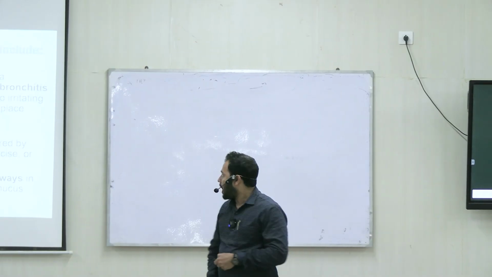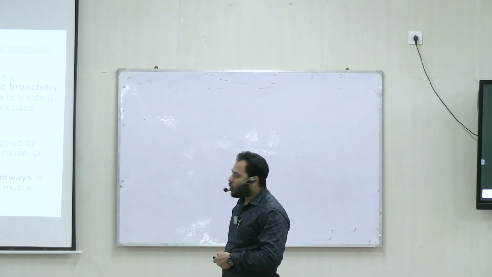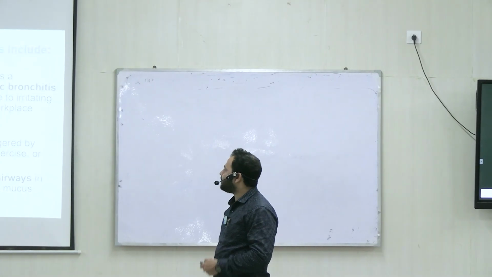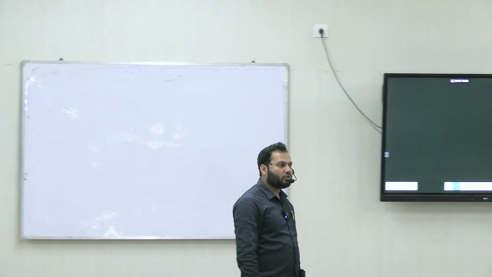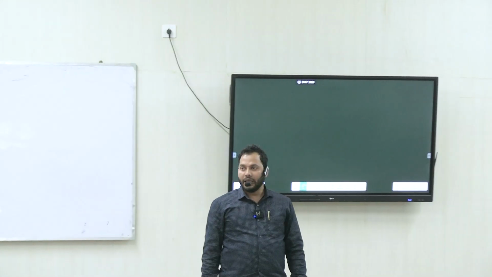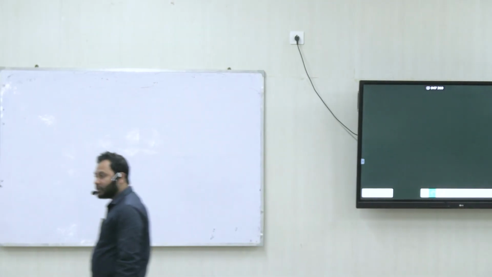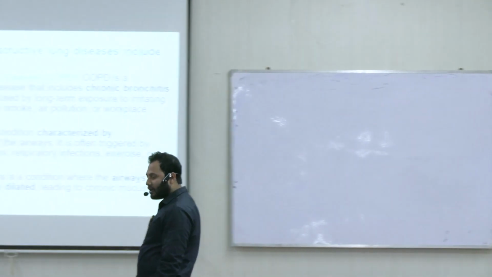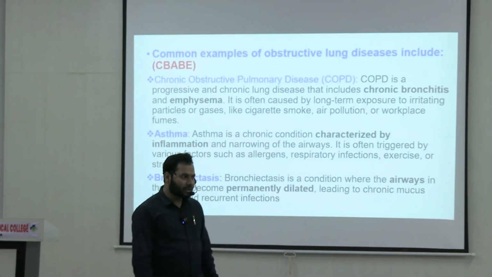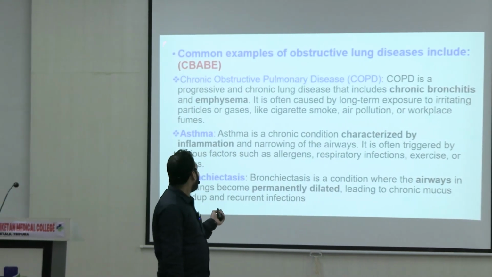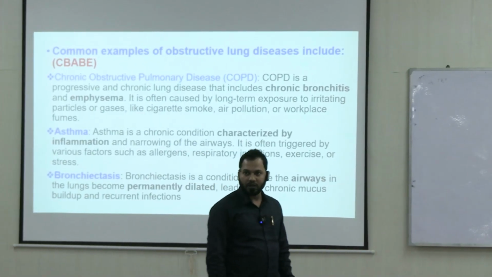right? Out of all these 5 disorders, chronic bronchitis and emphysema are part of chronic obstructive pulmonary disease. It means COPD is a common term that is used to explain obstructive lung disease. But COPD doesn't mean that all the different types of obstructive disorders are part of COPD.